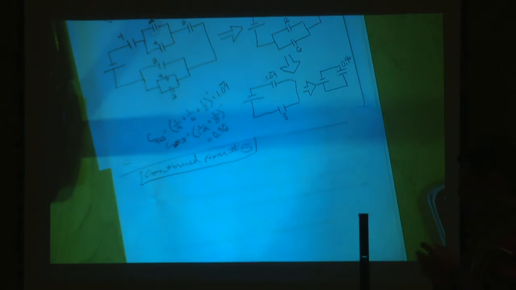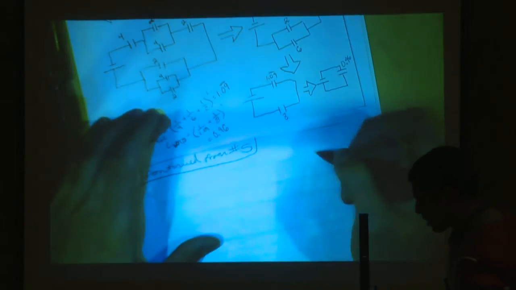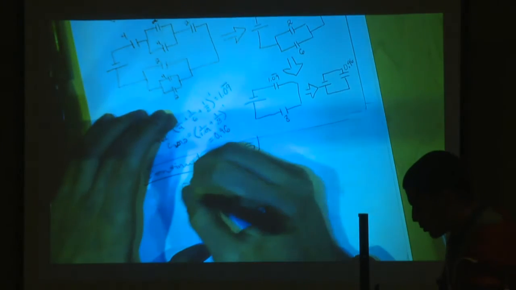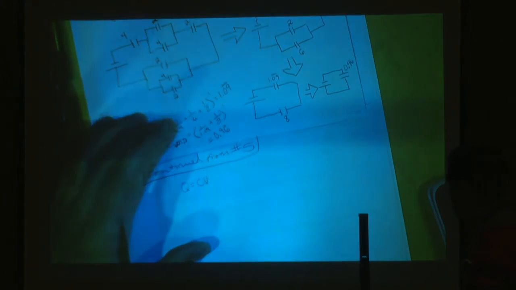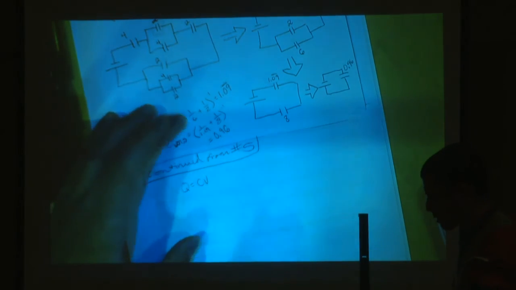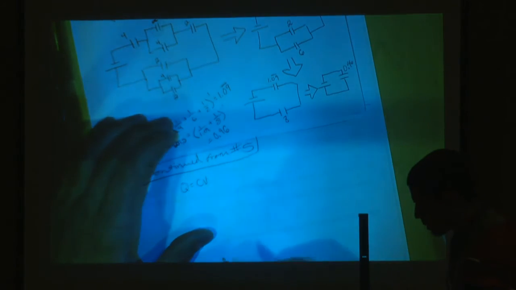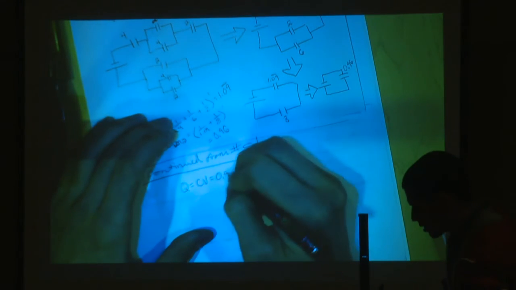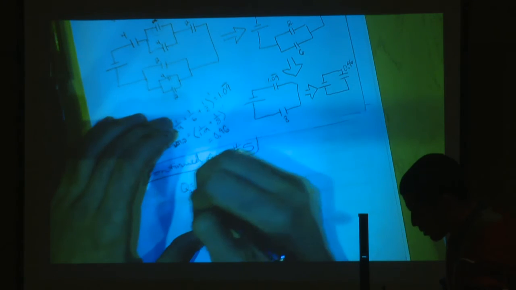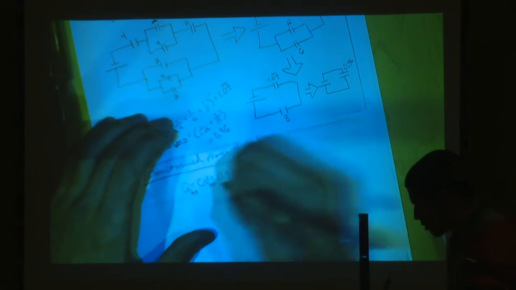Okay, so let's find what the charge would be on this capacitor. What equation do we know to find charge on a capacitor? Q equals CV, is that correct? Awesome. So we know C, which is 0.96, and this will be total, potential total.